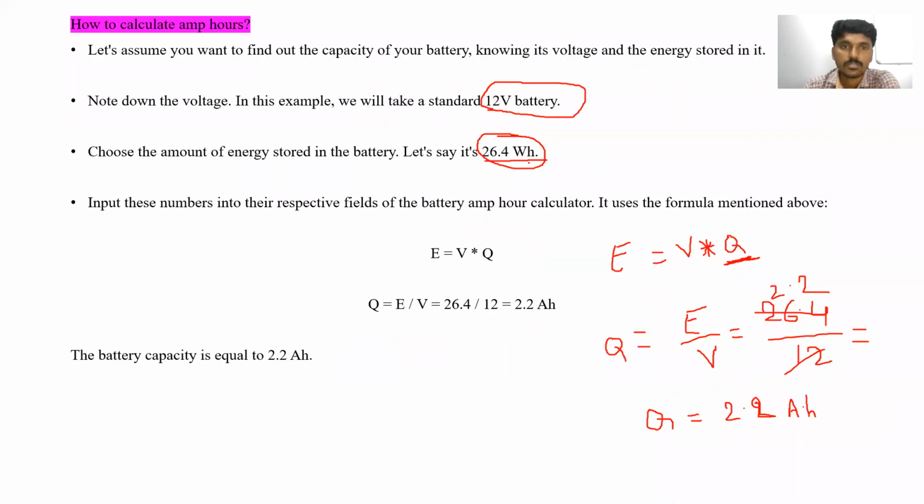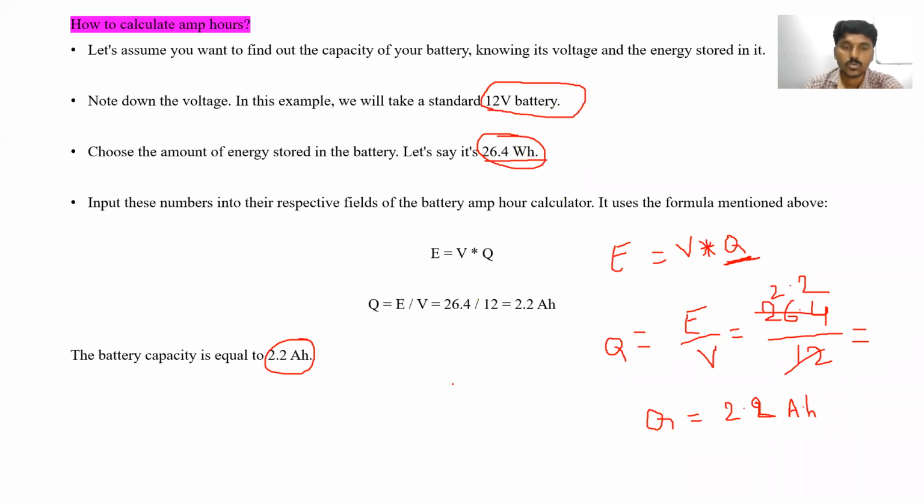If they have given the energy stored in the battery as 26.4 watt hours, and the voltage of the battery is 12 volts, then the battery capacity is 2.2 ampere hours. In this way we can calculate the battery capacity.